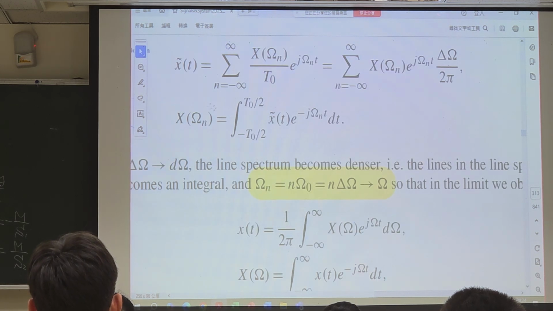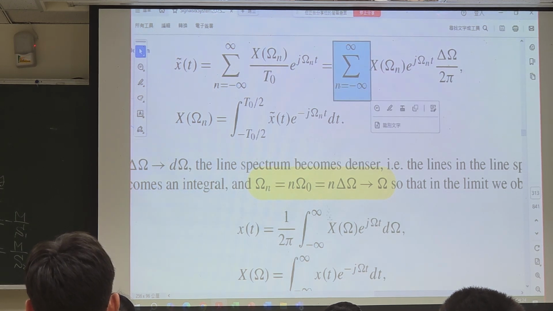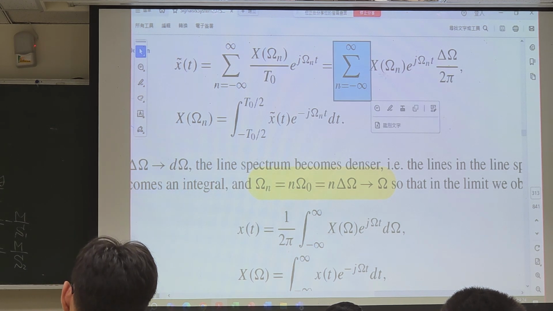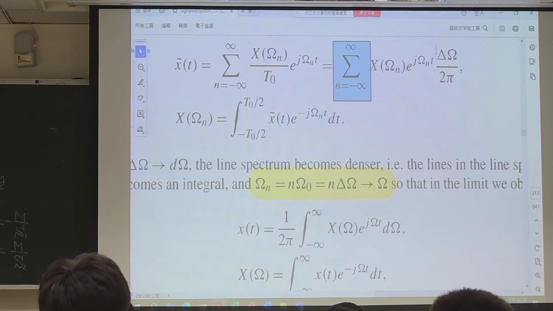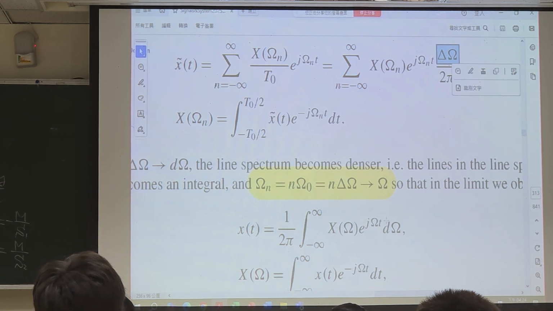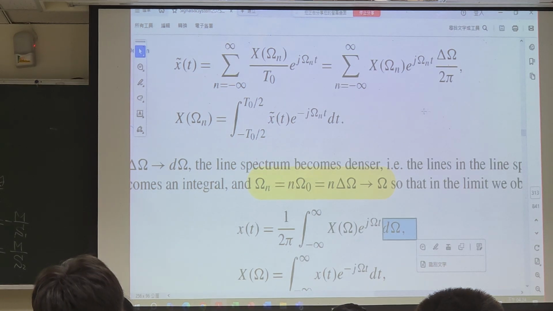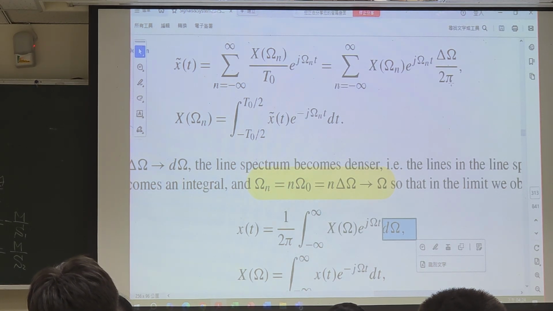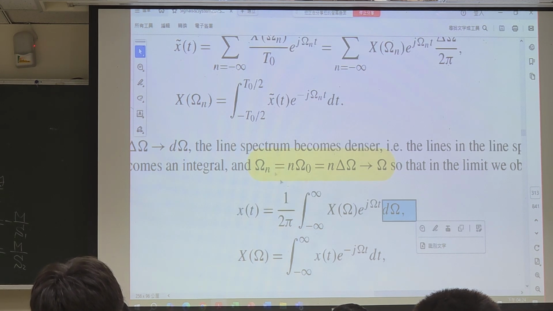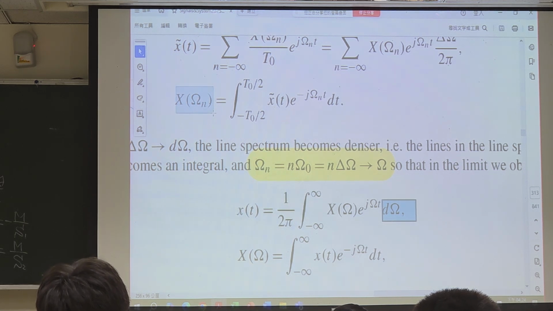So in this case, this delta omega is replaced by d omega, and we move the 1 over 2 pi to the beginning of the expression. And then the frequency response, x of omega, will be given by this expression here.